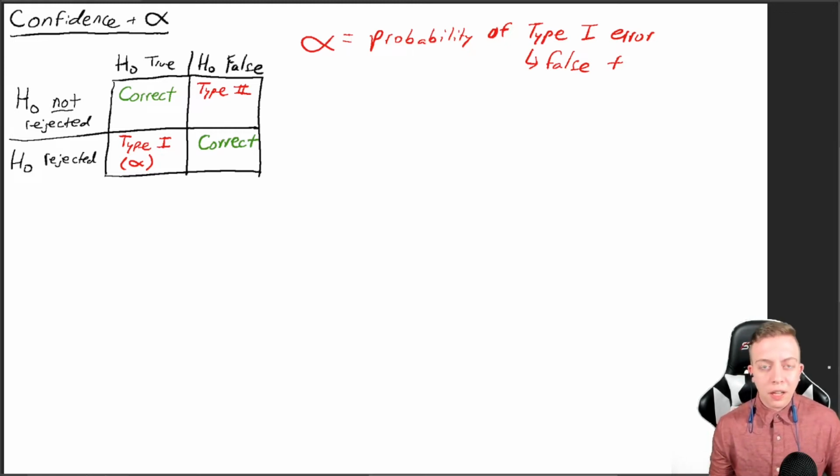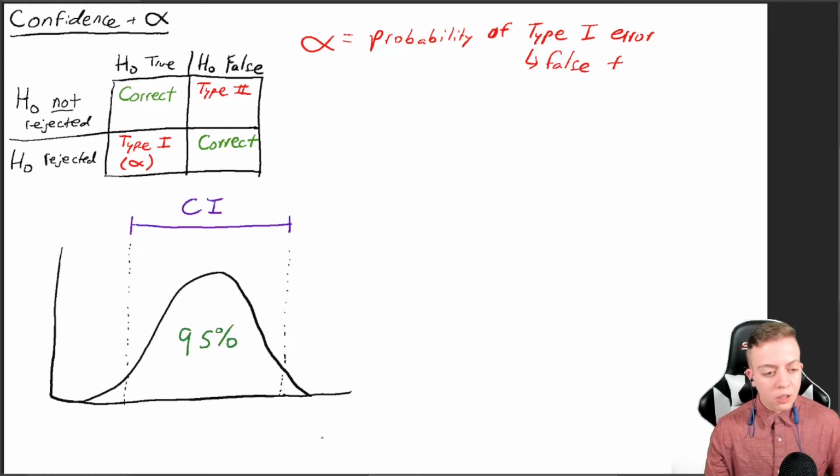And so there's a couple things that we're going to do with this, and this is related to our confidence. So I'm going to draw out a little graph here. We have just a little normal distribution curve. And if you notice, I have two boundaries, a lower boundary and an upper boundary here.